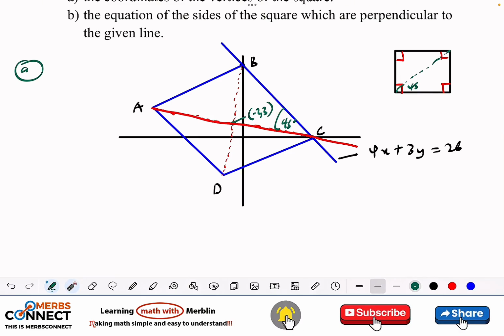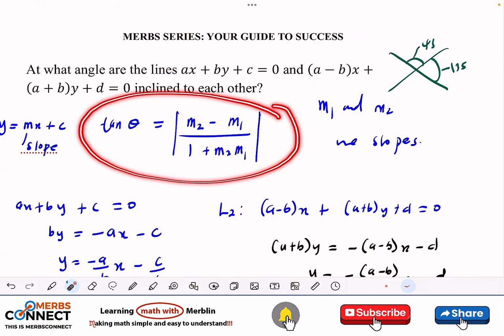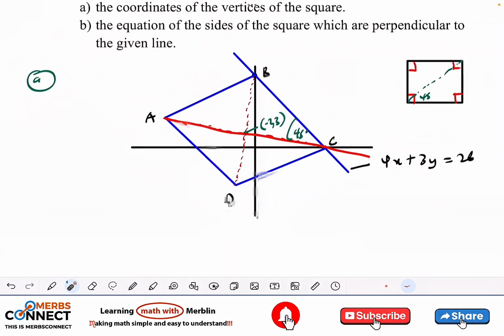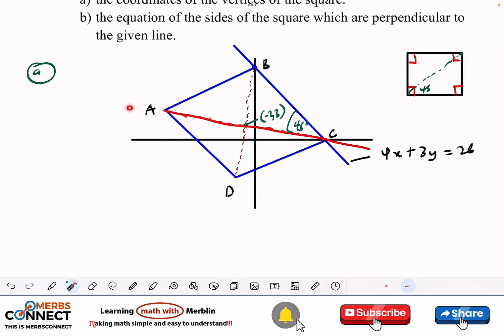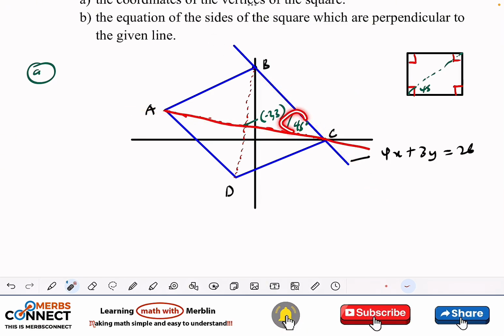So this will help us now find the angle between two lines, using the formula that we just used here. This angle here and this angle here, and this one was 45.